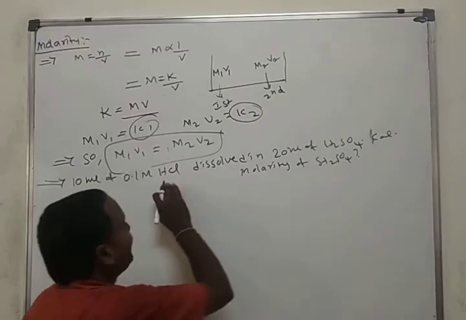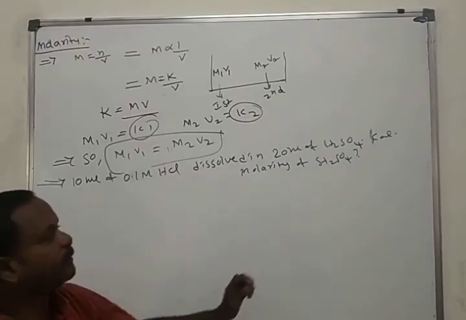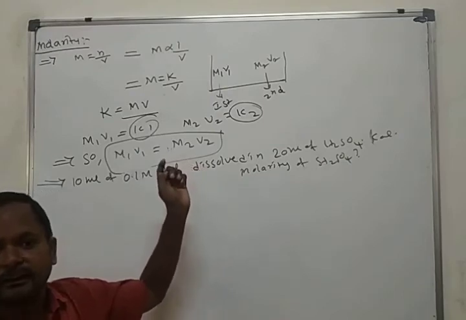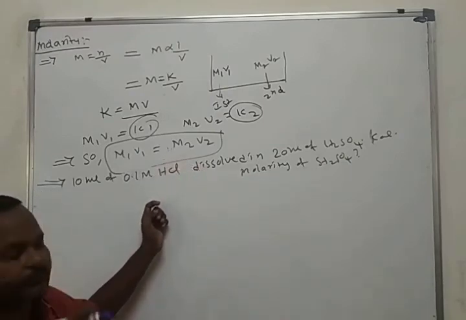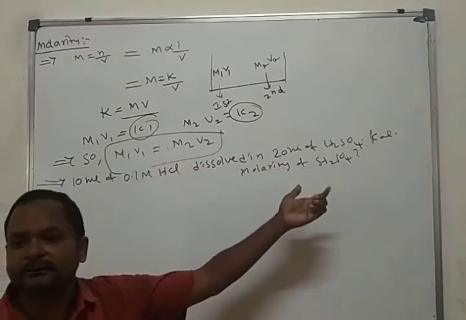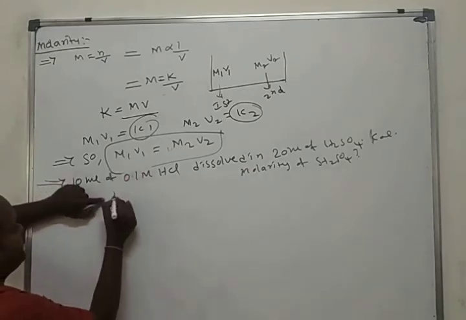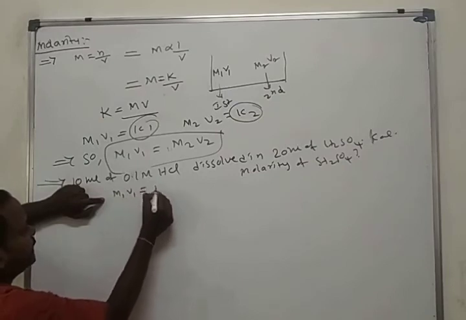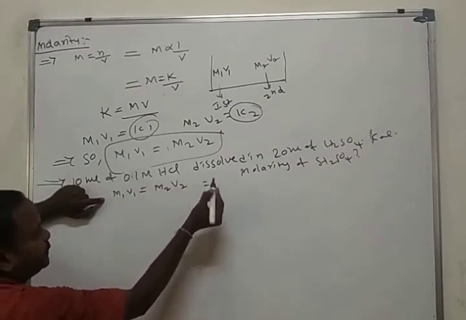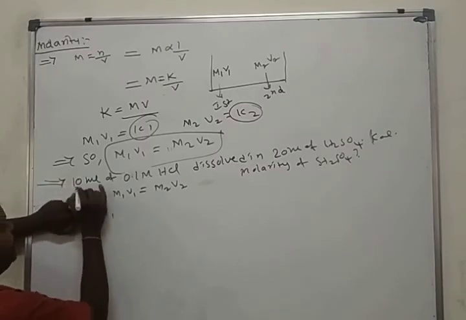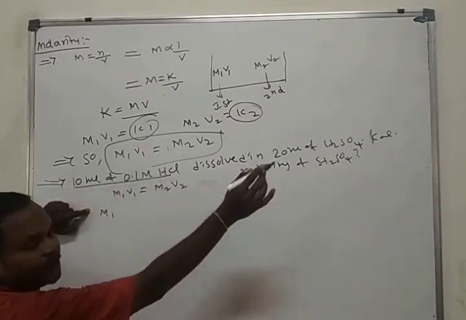See here, hydrochloric acid is a liquid, sulfuric acid is also a liquid. Two liquids are there. If you know the concentration of one liquid, then you can calculate the concentration of the other. What is the principle? This one: M1 V1 is equal to M2 V2. Hydrochloric acid is 1, sulfuric acid is 2.